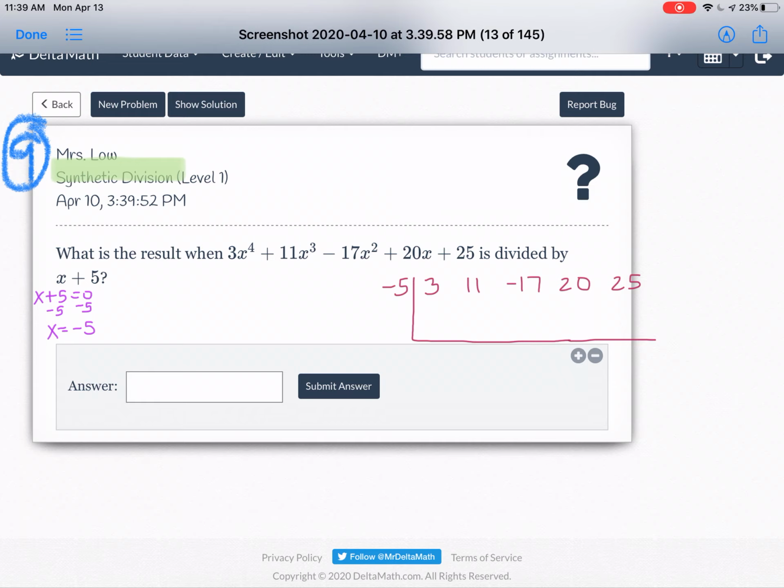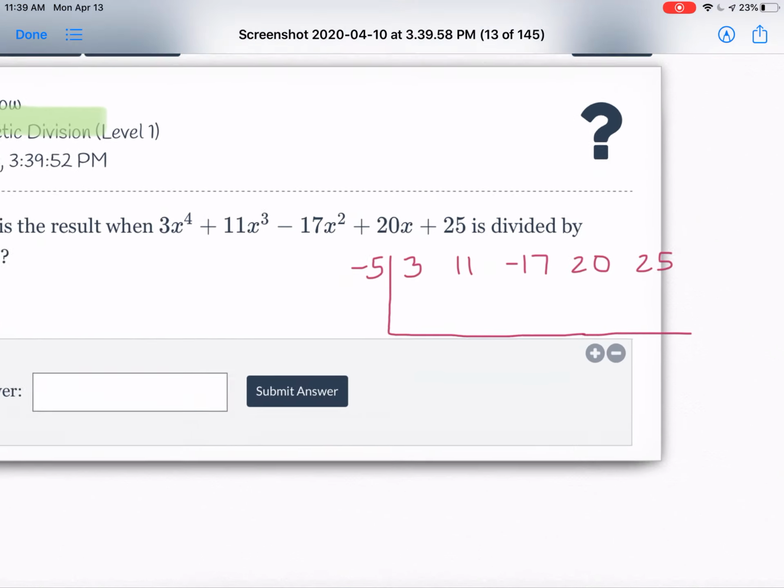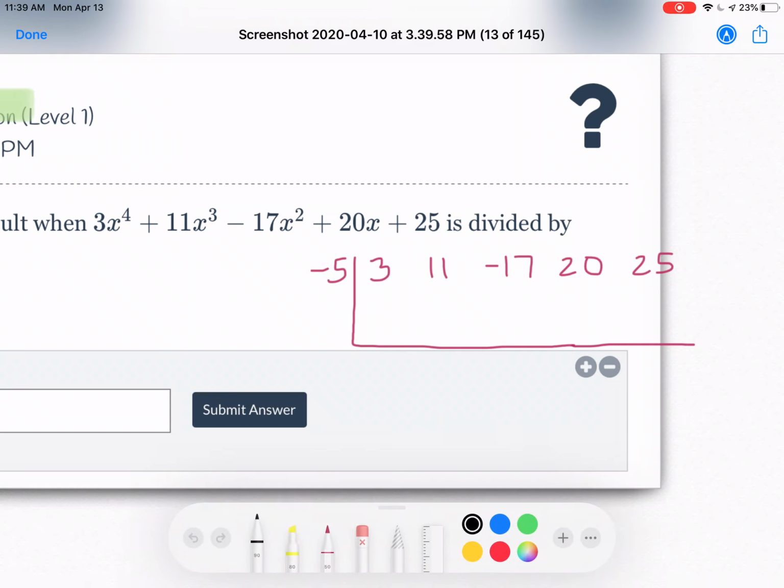And then from there, we'll come up with our answer. Okay, so remember how to do synthetic division? So first I set it up by first making sure that there are no placeholders needed. So I have a 4th power, 3rd power, 2, 1, and then a constant. So no placeholders are needed.